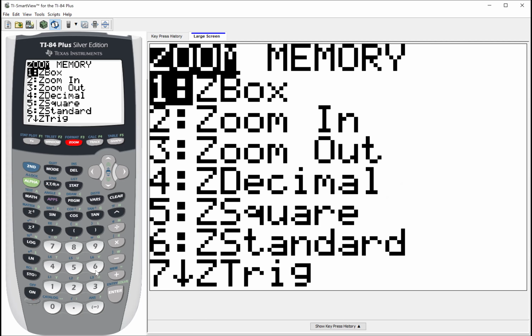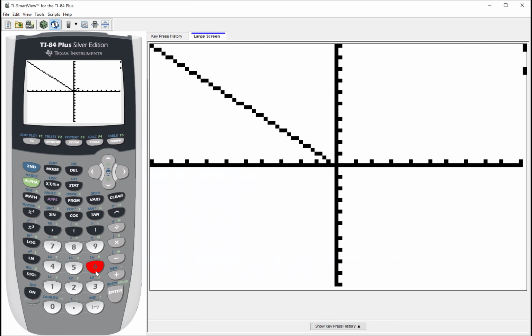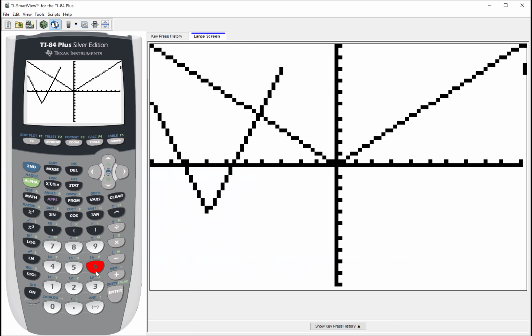Let me go back to Zoom 6, the 10 by 10 window. So there's the absolute value of x. And then you'll see there's the graph shifted, the absolute value of x shifted to the left 7 units and down 4 units, and then stretched by a factor of 3.